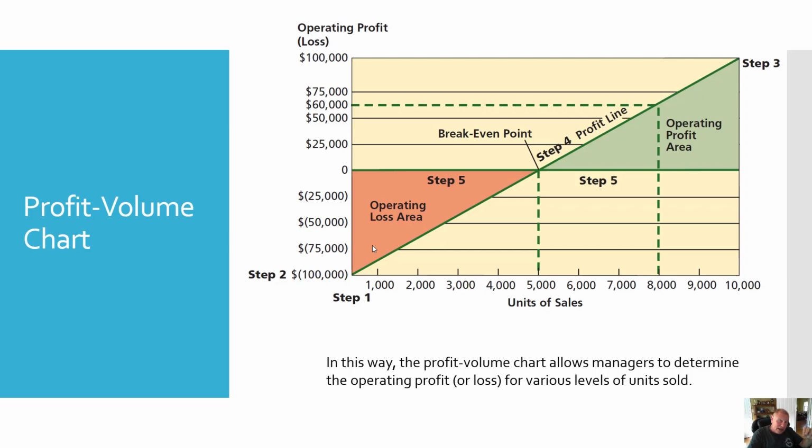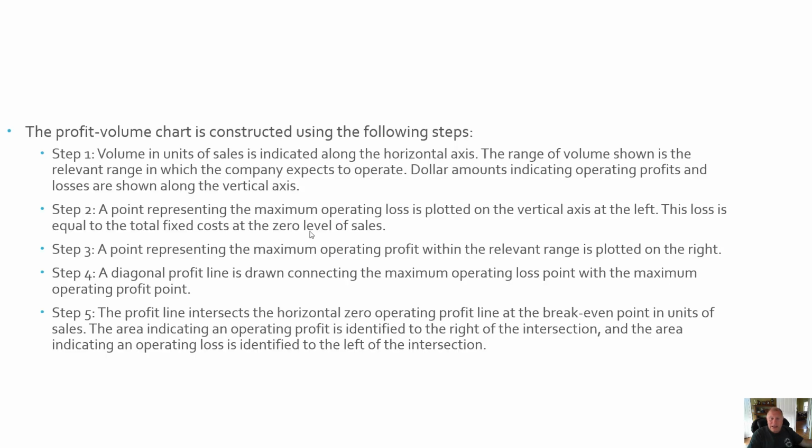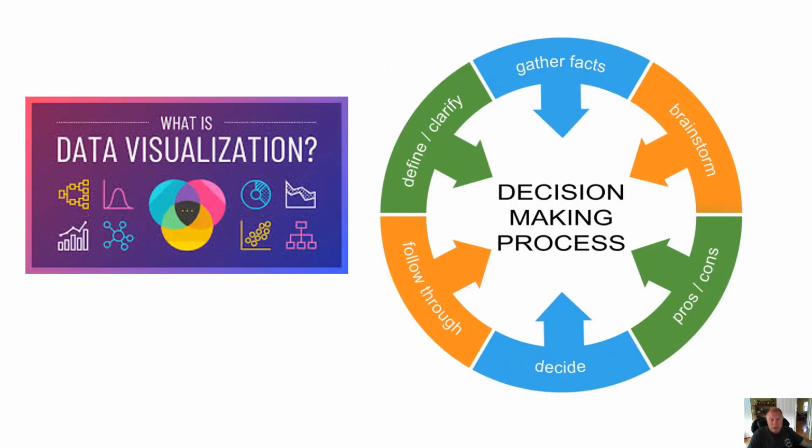At the same time, in the middle of COVID-19, we may be down in this area, so we may need to recalibrate how many units, but also what our costs are, so that the break-even point or profit stays above. Again, I've listed the 5 steps. I'm not going to go through them here. You can read them, so take a look at them.